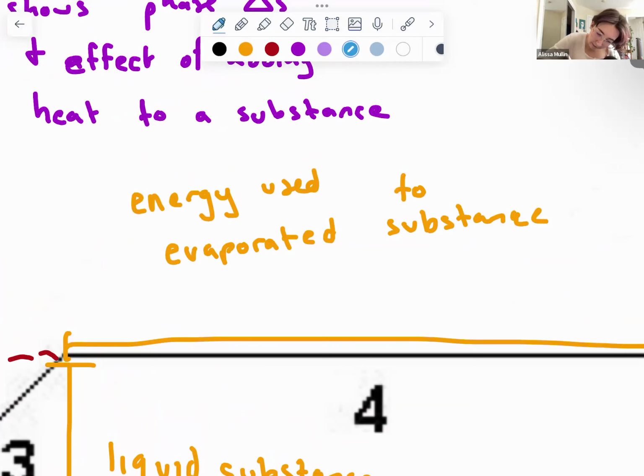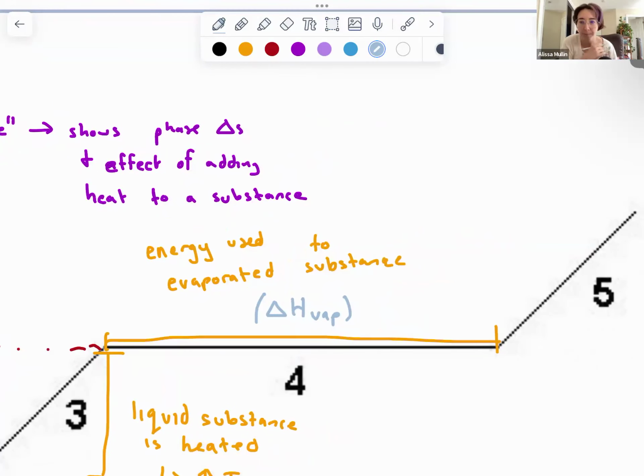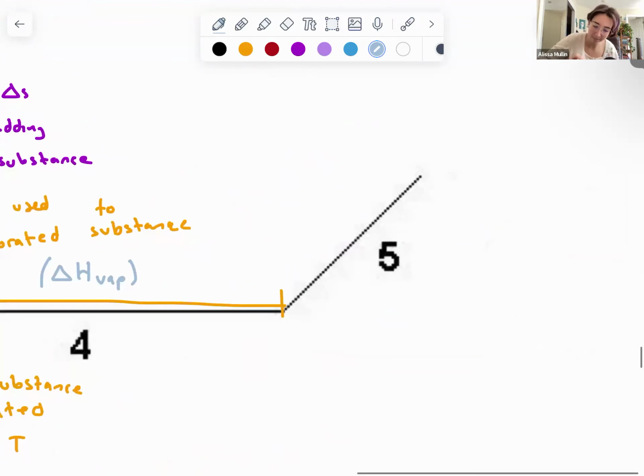All of that heat is going to be used for our enthalpy of vaporization, doing the work of completely breaking those IMFs so that our thing can become a gas. Once it's a gas, and all the particles are gases again, then we observe a temperature change.